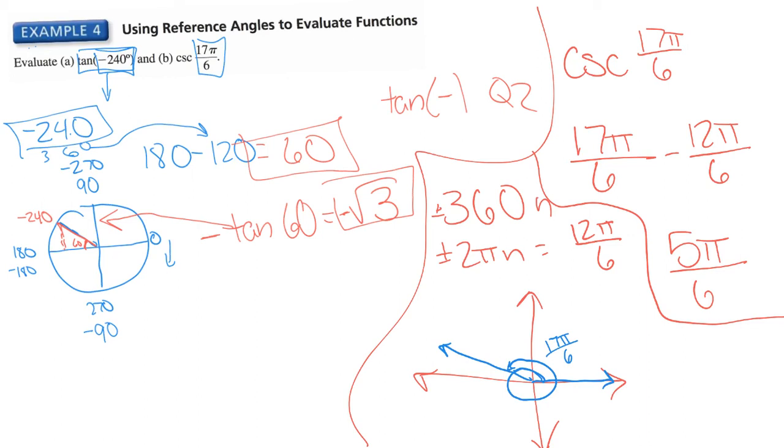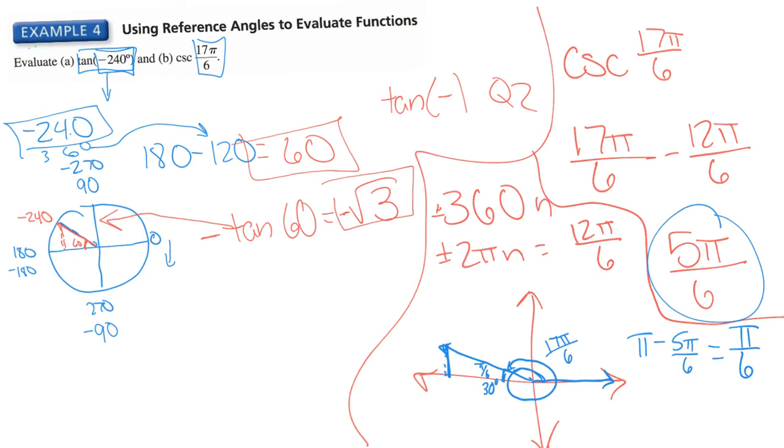So now that we've figured that piece out, we'll drop that down, and we need to figure out what this reference angle is. We need to look at pi minus 5 pi over 6, which hopefully you see is pi over 6. And that is our reference angle, which we can relabel to be 30 degrees.